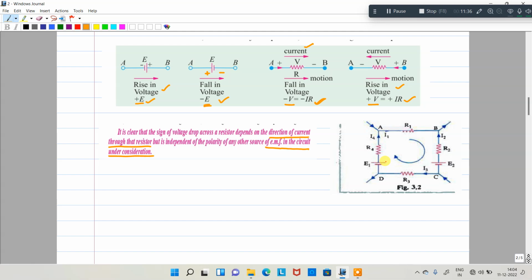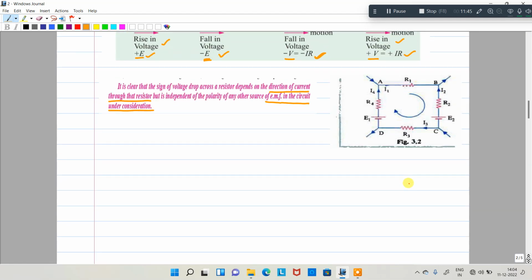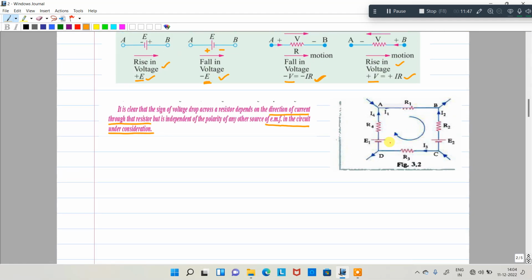Coming to here, based on that convention, I am writing the equation for this network. Look at here. Coming from negative to positive, whenever this arrow direction is in the clockwise direction, negative to positive, that means a rising voltage. The rising voltage is taken as a plus E1.